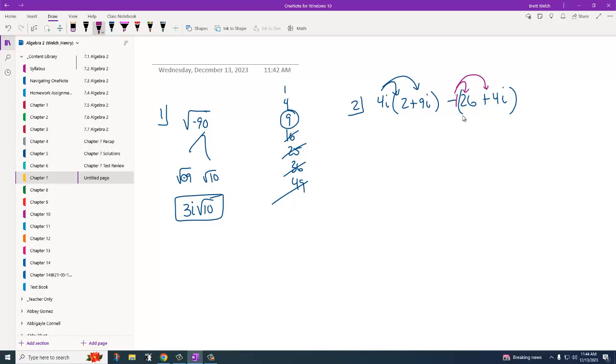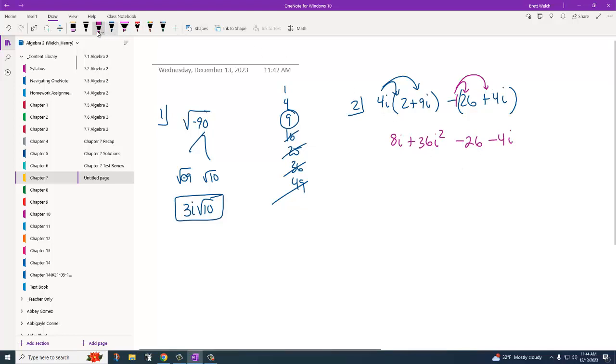If it was a positive 1, that distribution doesn't change anything, and we would leave it the way it is. But here, 4i times 2 would be 8i, and 4i times 9i would be 36i squared. And negative 1 times 26 is minus 26, and negative 1 times 4i would be negative 4i.